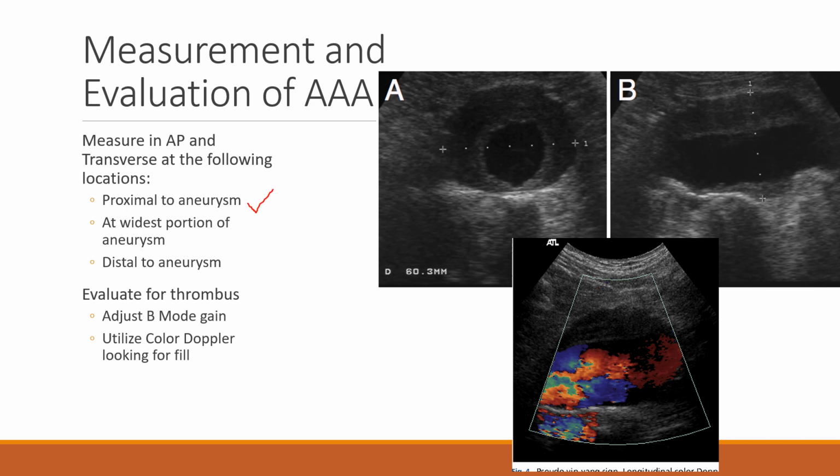So if this is my aneurysm in long, this is not the best example, but I would measure the aorta in AP proximal to the aneurysm, distal to the aneurysm, at the largest width of the aneurysm, and I would measure the aneurysmal length and then identify if it was infra or suprarenal. Then you can go into transverse, and again, you're going to measure in transverse proximal to, at the widest, distal to the aneurysm.